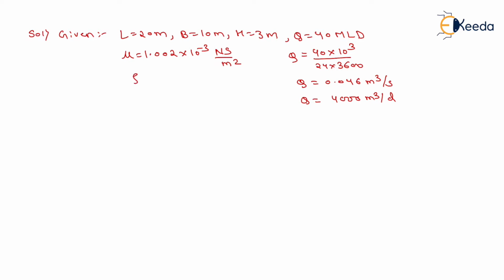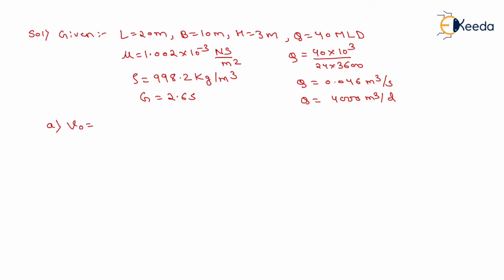Rho is also given, so we don't need to take rho as 1000; rho will be 998.2 kg per meter cube, and the specific gravity is given as 2.65.